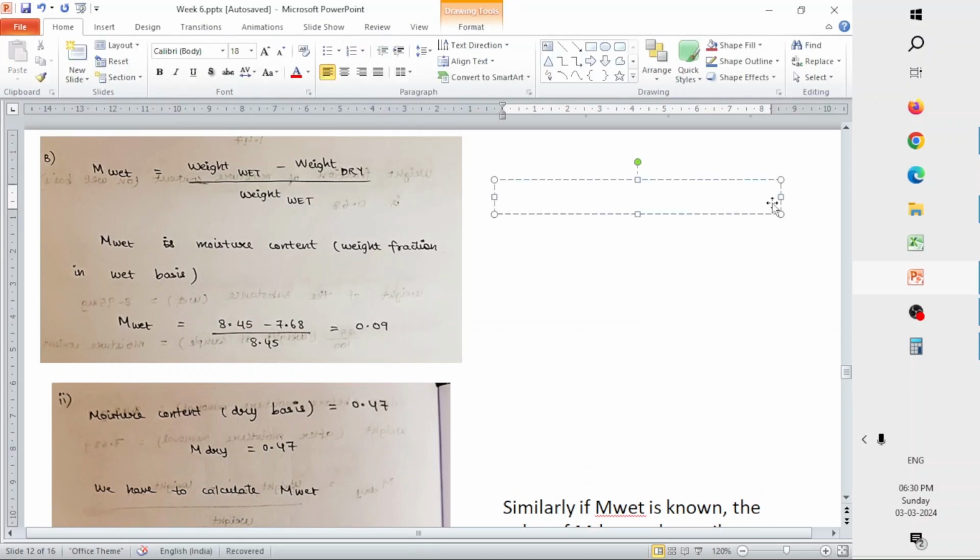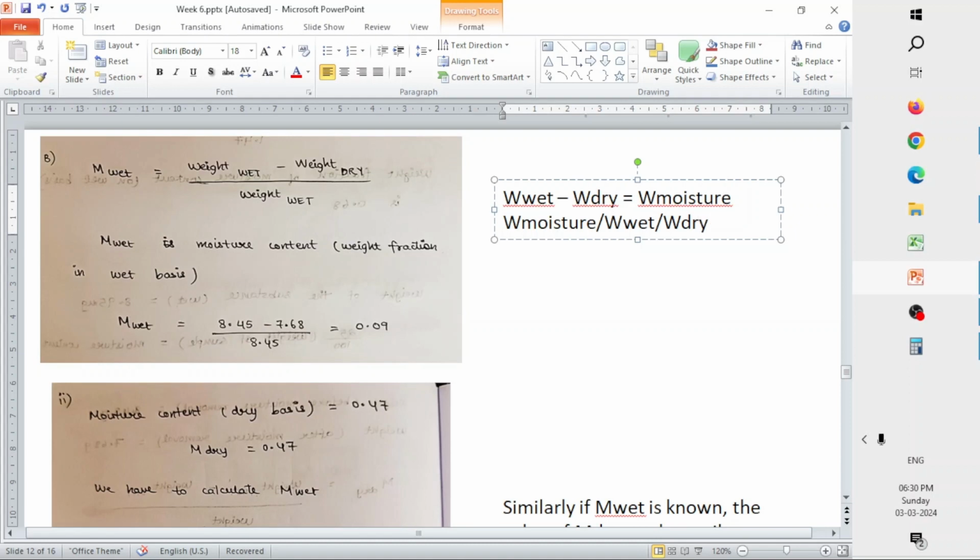So the W wet minus your W dry is the weight of moisture, and here we are asked to calculate the weight fraction, so we divide that weight of moisture either with respect to the weight of your biomass sample in wet condition or the weight of your biomass sample in dry condition, depending upon the question and what they are asking us to keep as the base.